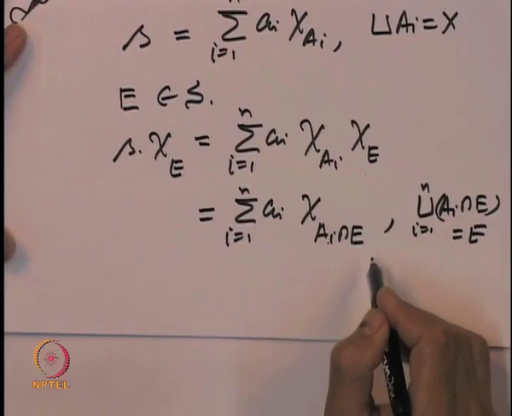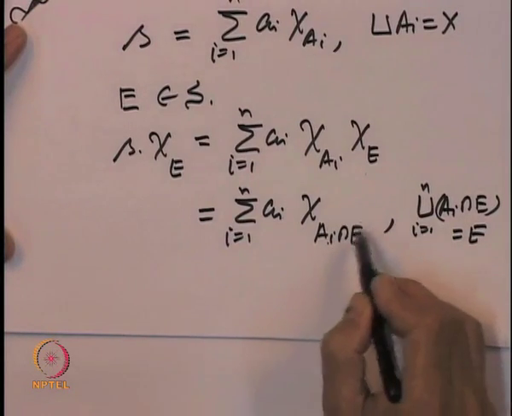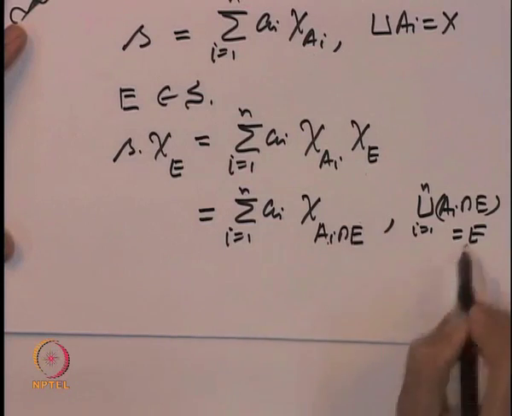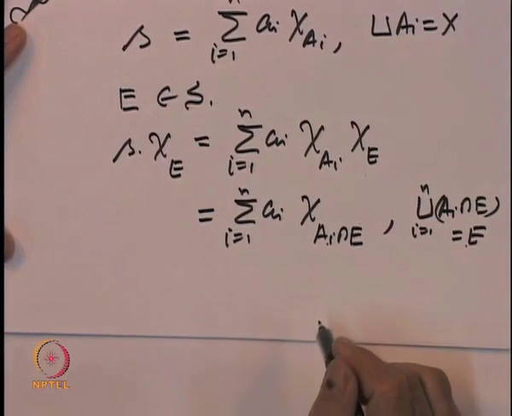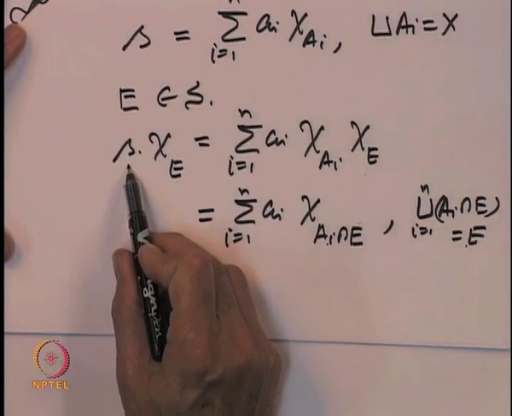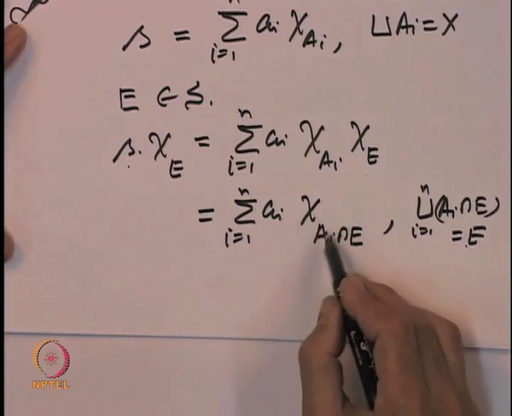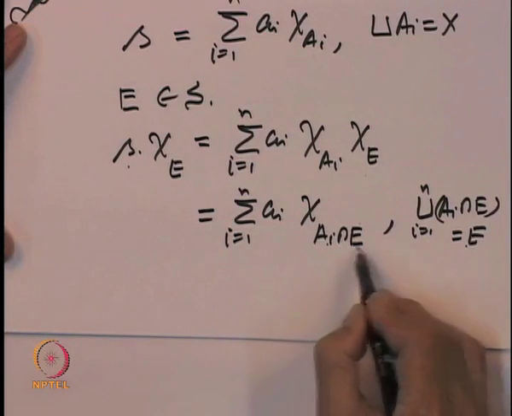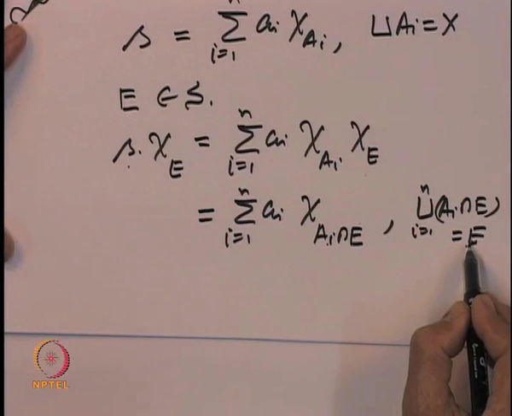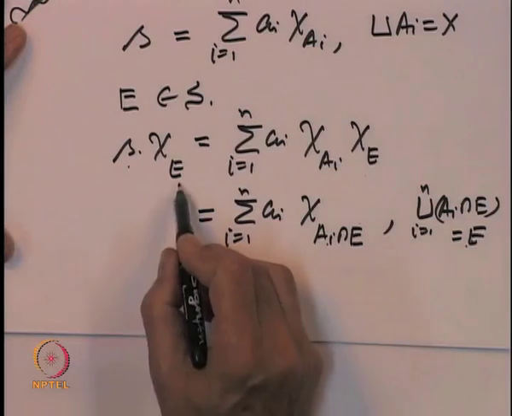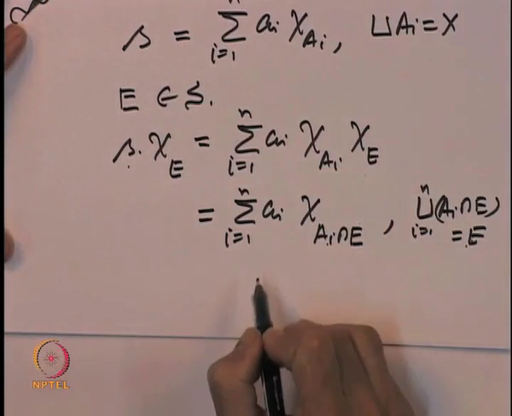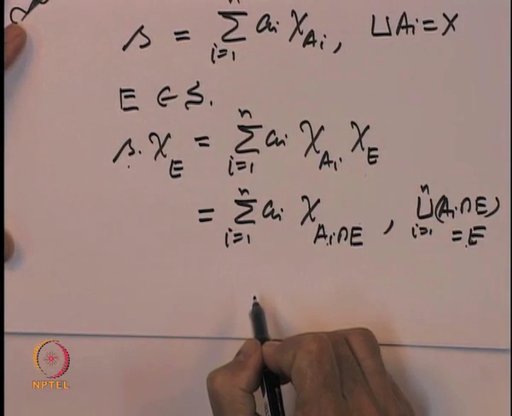Automatically on the complement it is 0, and that gives a partition of the set. So S times the indicator function of E is the sum of a I times the indicator function of A I intersection E, where these sets form a partition. That implies S times the indicator function of E is a non-negative simple measurable function.